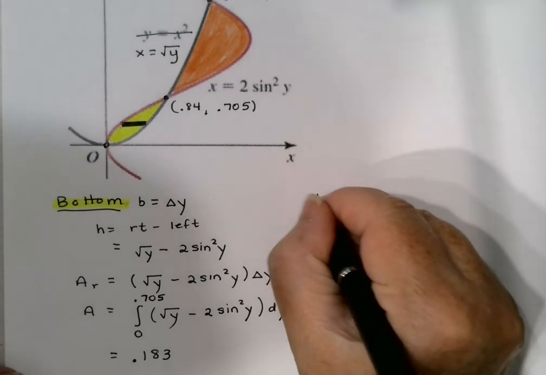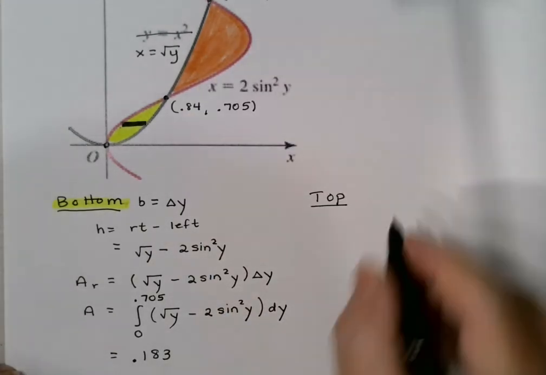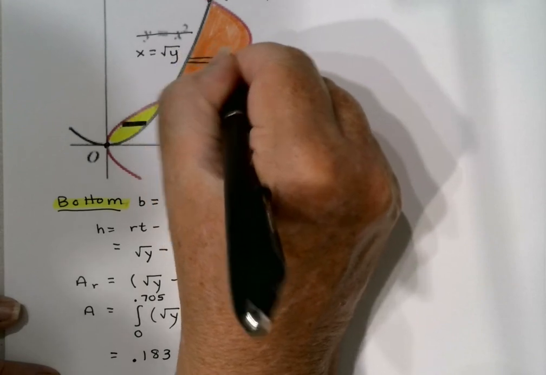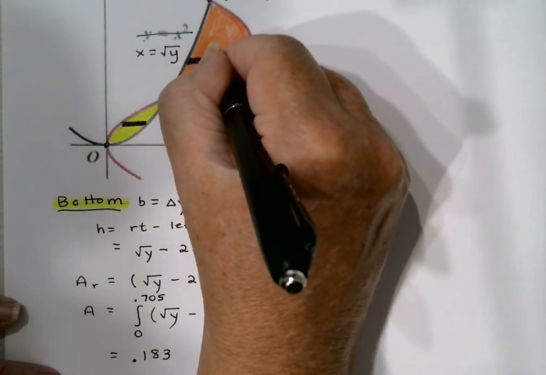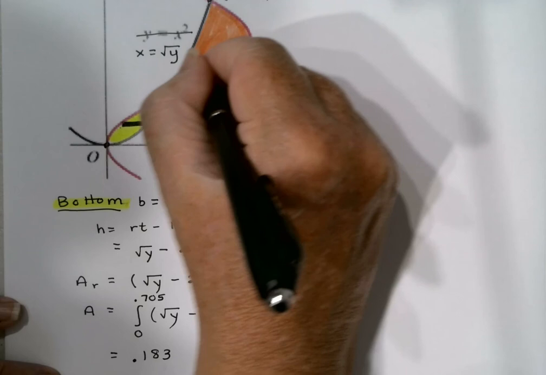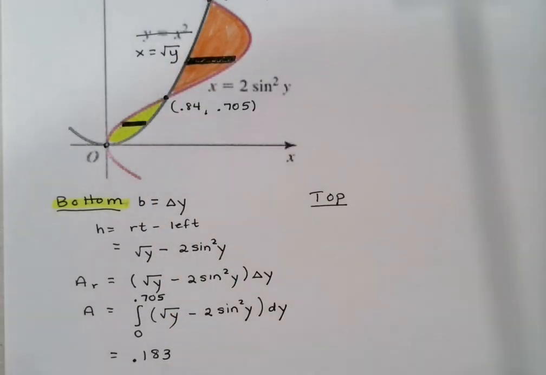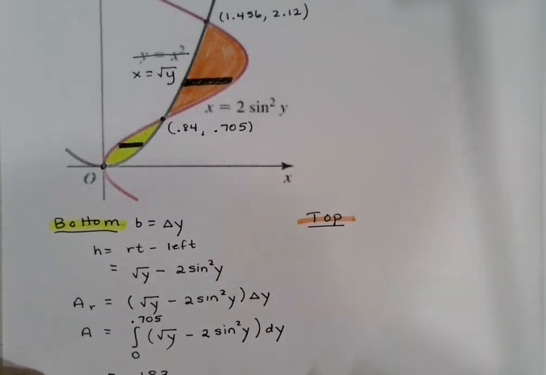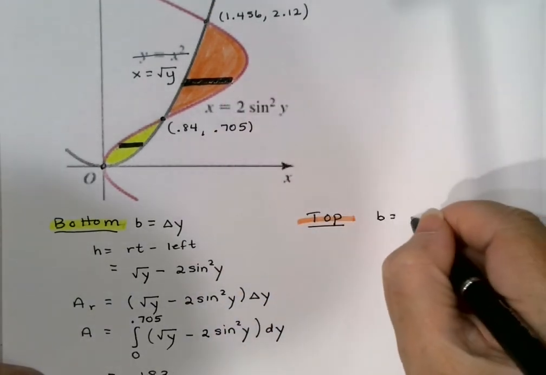All right, what about the top? This larger piece up here. Again, if I were to sketch in a horizontal representative rectangle for that top section, my base is still going to be a delta y, a little piece in the y direction.